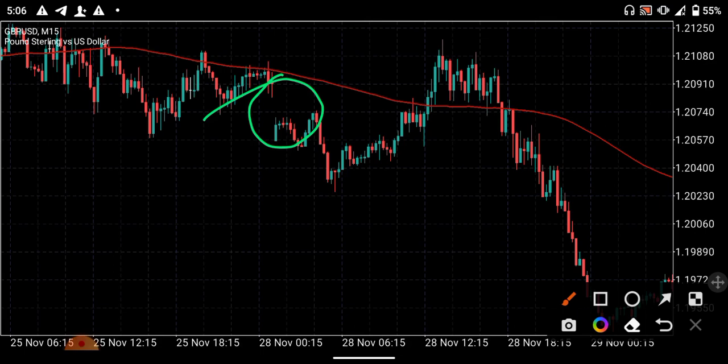Today is Tuesday, and the gap happened because of this weekend. What causes the gap is that the market closed here on Friday night, then on Monday the market opened here.